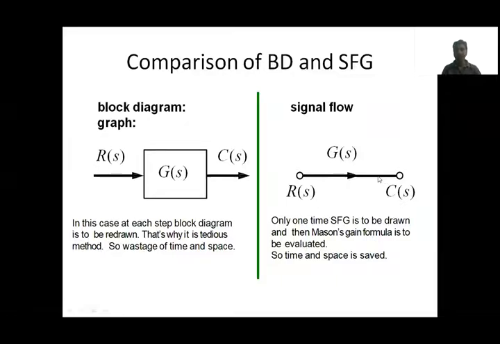You can call it a branch. A branch is nothing but a straight line with an arrow, and this signal gain G of S is mentioned just above or below the arrow mark, and the output variable C of S. So here we have two nodes, since we have two variables here, and in between these two nodes are connected by a gain called G of S. This is the signal flow graph representation of this block diagram.